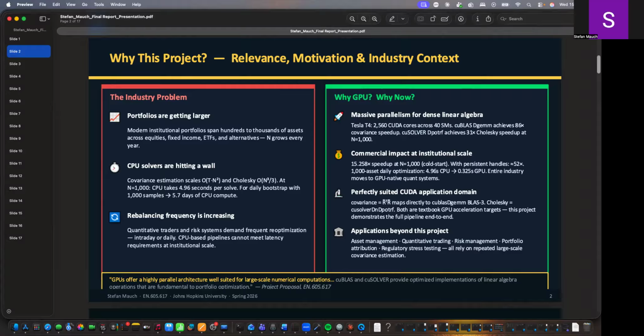In my simulations, I've used up to 1,000 assets, increasing from 25 assets. The covariance computation alone requires, if you just multiply, roughly 2 billion floating point operations. And on a CPU that already takes nearly 5 seconds per solve. I will show you all the results later.